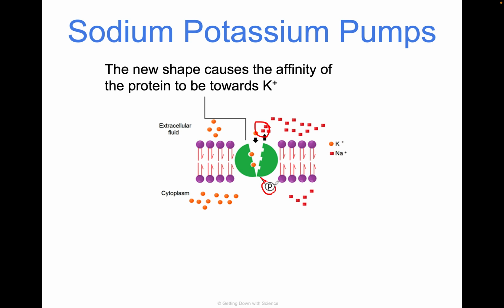This phosphate group came from ATP, right? It's now bound to our protein, so it's in a different shape. And when it's in a different shape, it has a different function. This new shape causes the sodium to go outside the cell, and for two potassiums to come in. Yay, potassiums. Remember, we're working against our gradient, so there's more in the cell than there is out of the cell. That's why we need this guy.